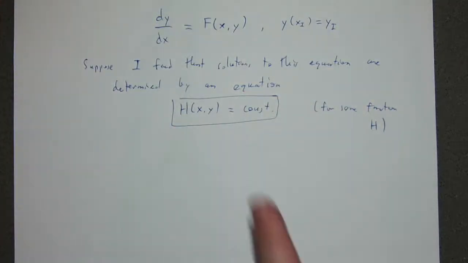We've seen an example of this before. So what was an example we saw? When we had a separable equation, sometimes we saw that we couldn't actually go further than some relationship that looked something like this.